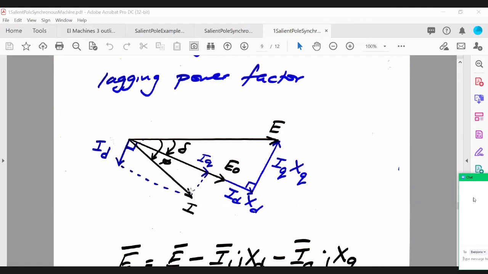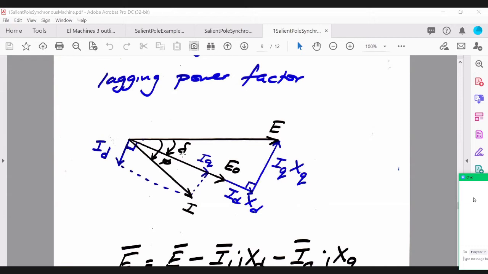So obviously now your current is lagging the terminal voltage, okay? The current I will lag the terminal voltage by the angle phi, and the angle between E naught and E is your load angle delta, right?